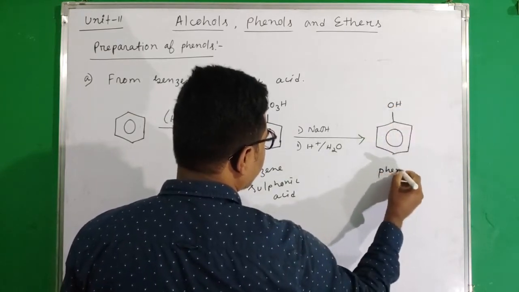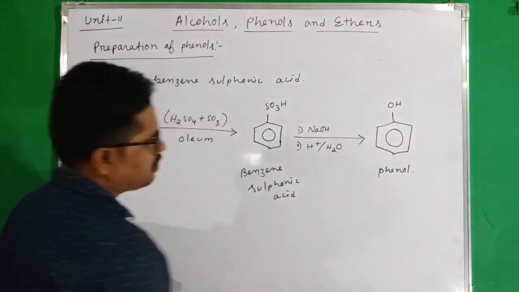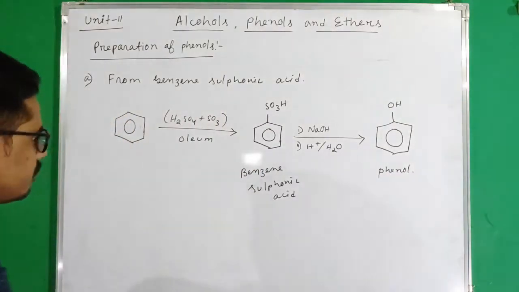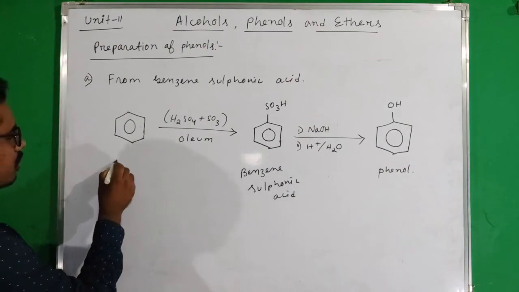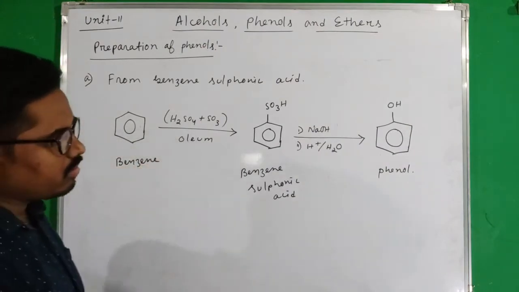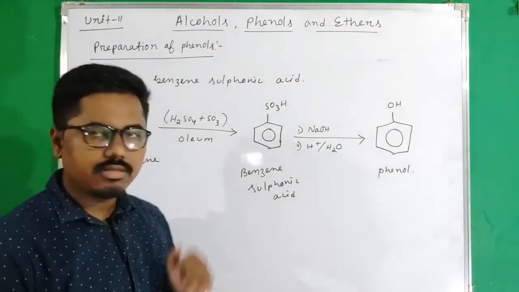That means the final product is phenol. So in exam, the question is asked, how can you convert benzene into phenol? So to convert benzene into phenol, we have to follow these steps.